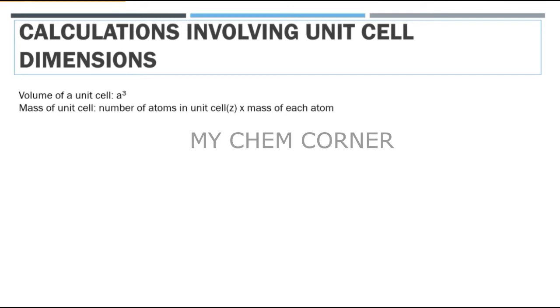So if we're talking about a simple cube, only one atom belongs to the simple cube. And if you're looking at a body-centered cube, there are only 2 atoms belonging to a body-centered cube. And if you're looking at a face-centered cube, there are 4 atoms belonging to it. And these numbers you get from a calculation that we did in the previous videos.